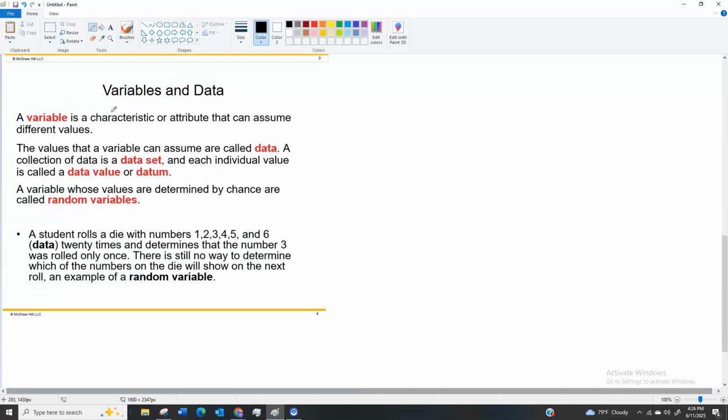So a variable in statistics is a characteristic or attribute that can assume different values.